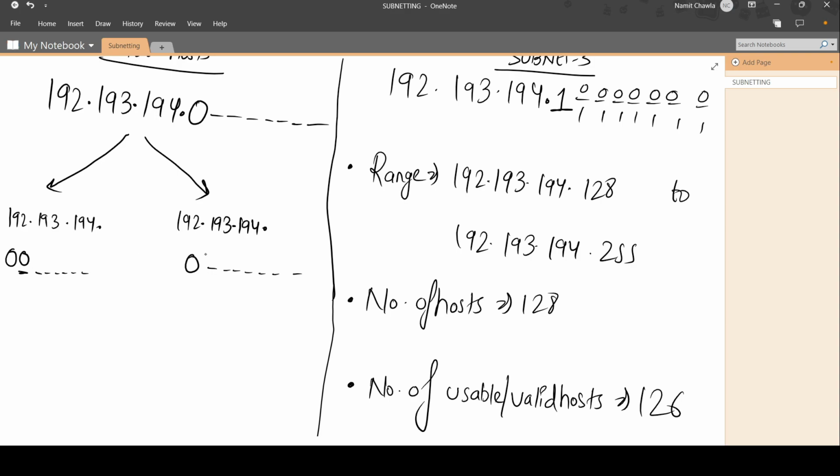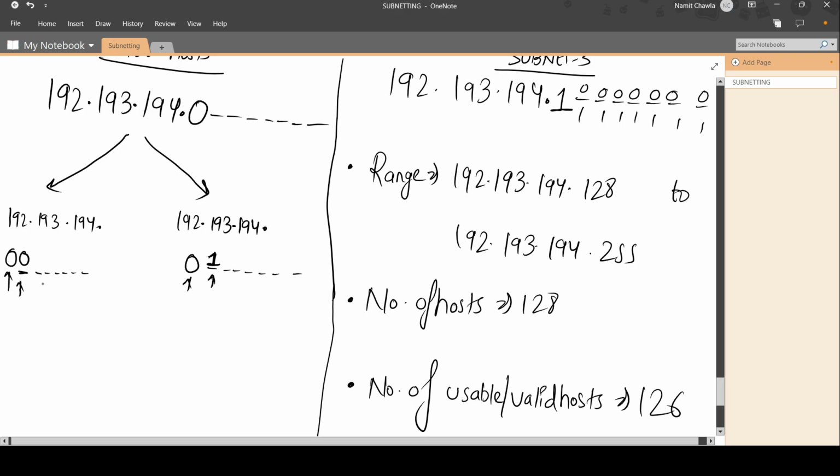This second bit I am going to change to 1. Got it? The second bit for the first part on the LHS I have changed to 0, and the second bit I have changed to 1. Now this is also fixed. Like the first MSB bit, the second MSB bit has also been fixed.